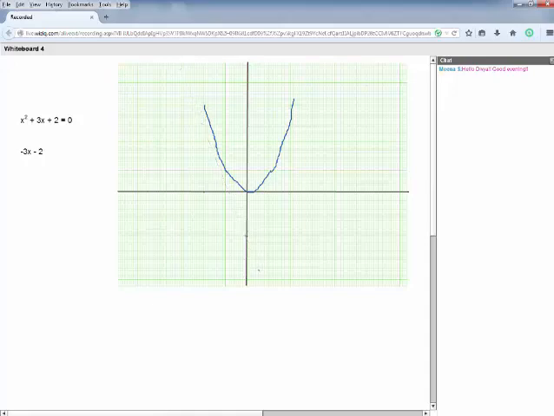Okay, so when x is negative 1, y is 1. Okay, like that? Yes, it's going to pass like that.